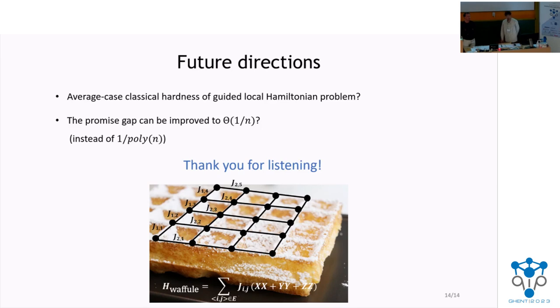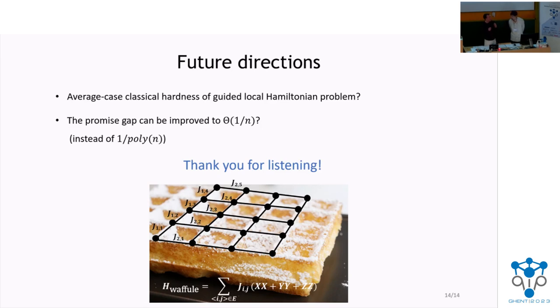So maybe I have a final question. Do you know the complexity of deciding if there is a short description that overlaps with the ground state? Should it be QCMA hard or something? This is a promise for you, right? So what if I want to remove the promise and study the complexity of finding out if such an object exists?